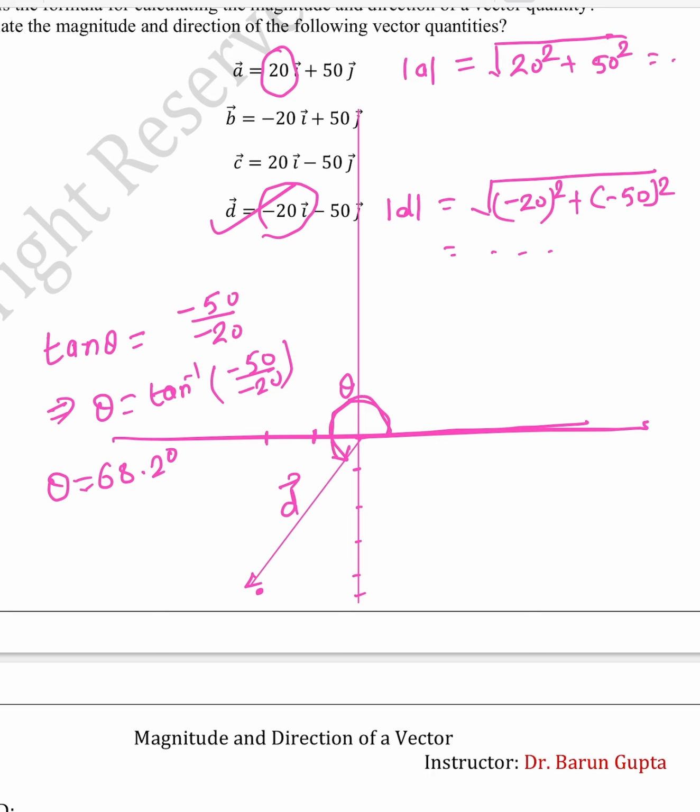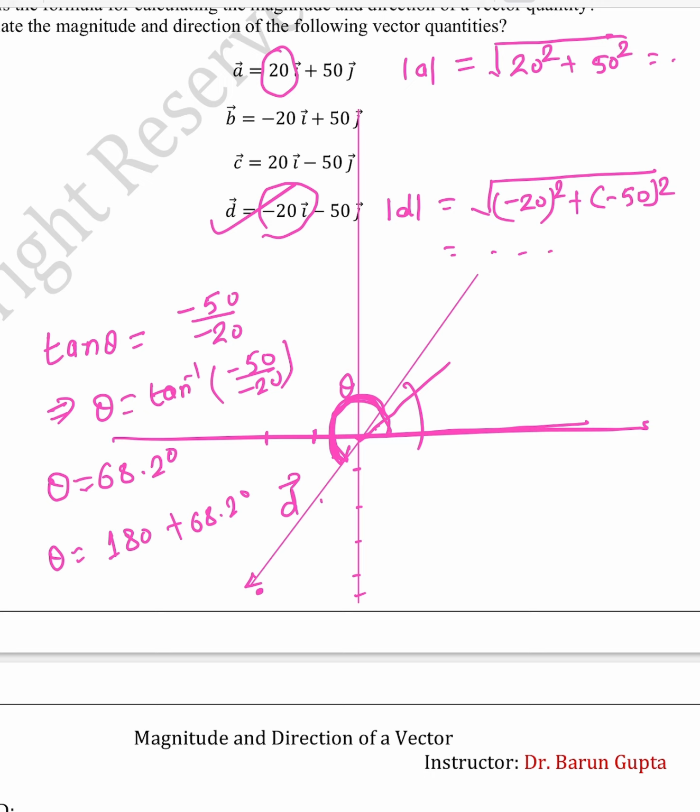So 68.2 degrees on this graph would be somewhere like this. You have to add 180 degrees to get the correct angle, so in this case the correct angle is 180 plus 68.2 degrees. How do I know that?